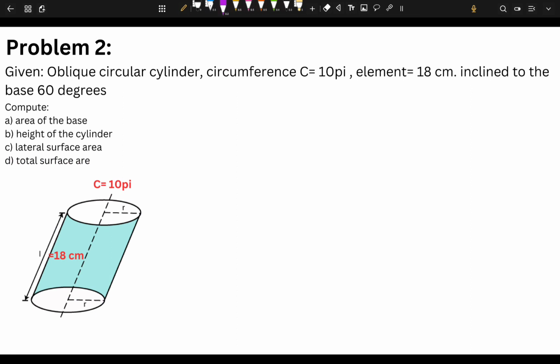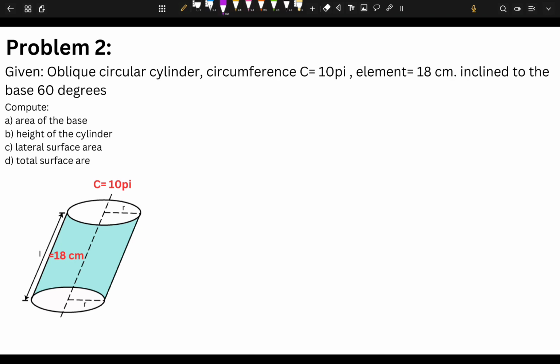Given naman tayo ng oblique circular cylinder. Again, kapag oblique, yung ating height is not perpendicular doon sa ating bases. Kaya iyon hinahanap natin dito sa problem. And we have the given na 10 pi as circumference, and we have the element. Yung element po, ito yung kung sa prism, that is the lateral edge.